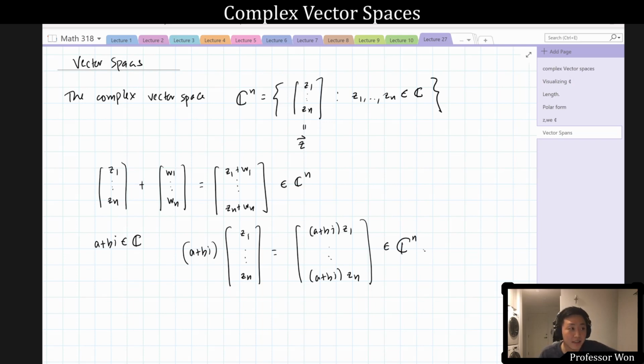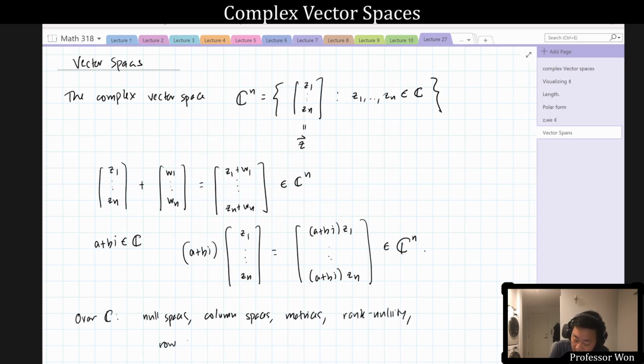Column spaces, matrix of a linear transformation, all these things work over C. So over C, you can do null spaces, column spaces, matrices, like rank nullity theorem, like row reduction. That's all good because linear algebra works over any field.